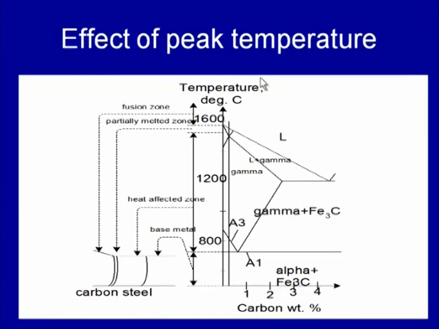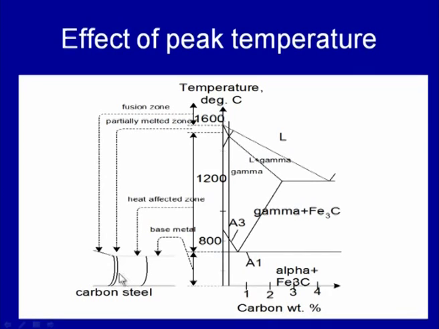The liquidus is the temperature above which everything is liquid, and the solidus is the temperature below which everything is in solid state. This narrow band is subjected to the temperature zone between the liquidus and solidus, which means it will have a two phase zone.